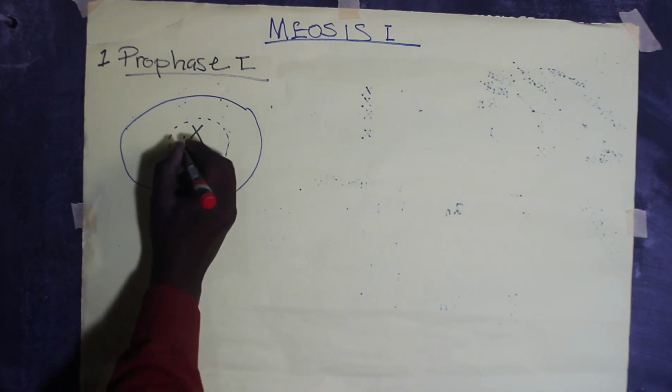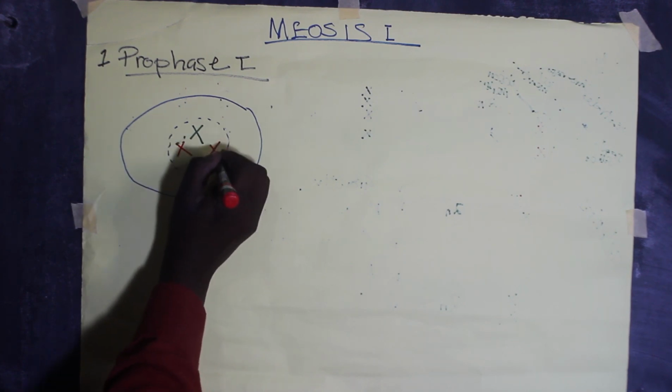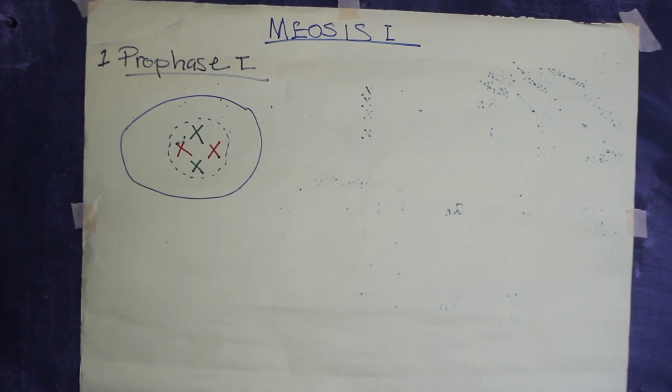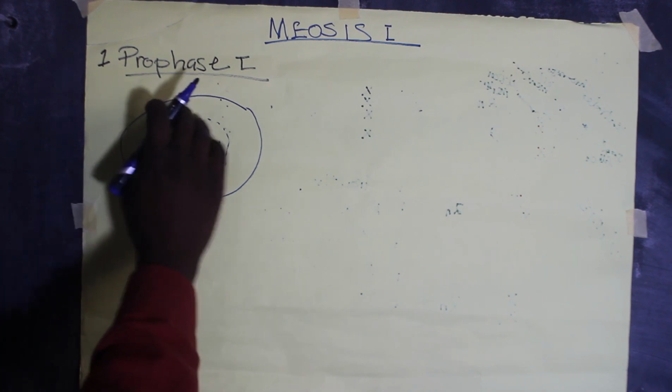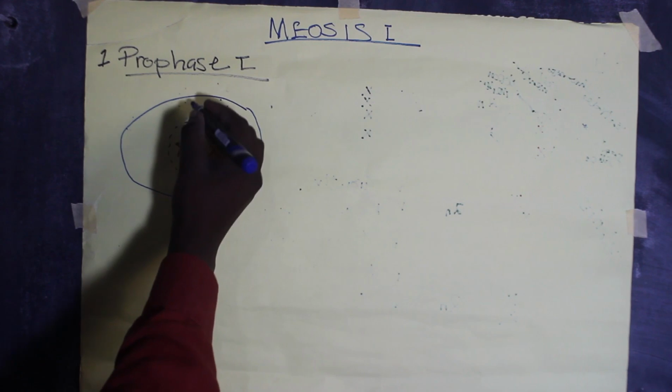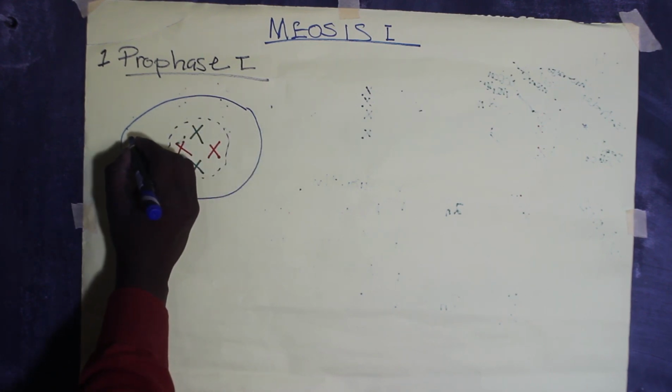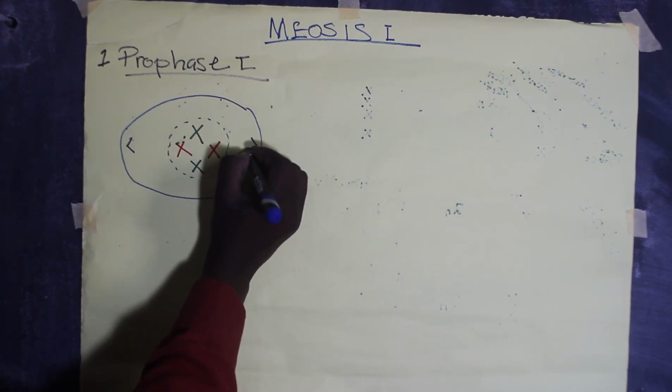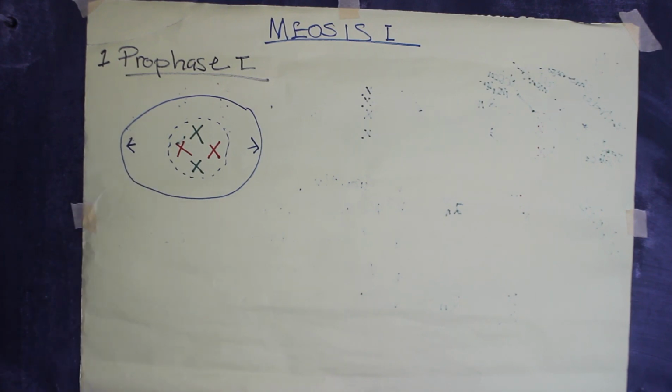These are chromosomes inside. Having these chromosomes inside, we have the centrioles, like we said every cell has centrioles. These centrioles might be in any place holding this cell. These centrioles will make sure that they move to the poles of the cell.